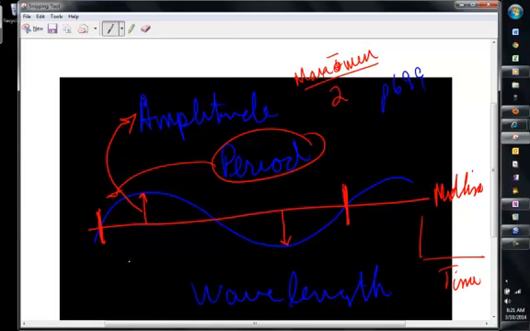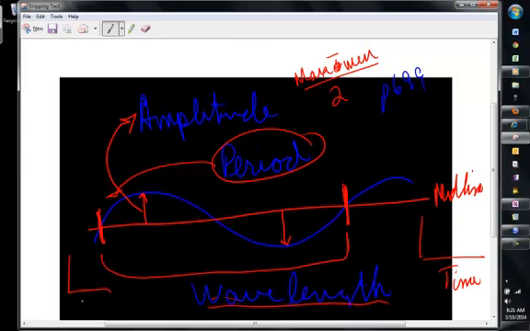That same distance is also called the wavelength if that horizontal distance is a length of some kind. Now, I can't think of too many instances in which the horizontal axis is a length. I suppose, like if you were measuring ocean waves, then it would be a wavelength. Or if you were measuring earthquakes, then it would be a wavelength.